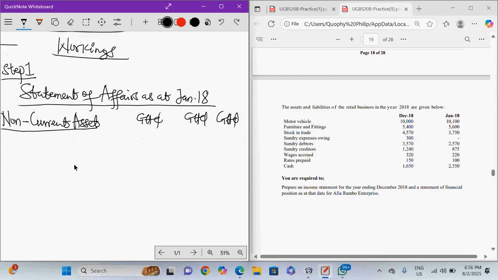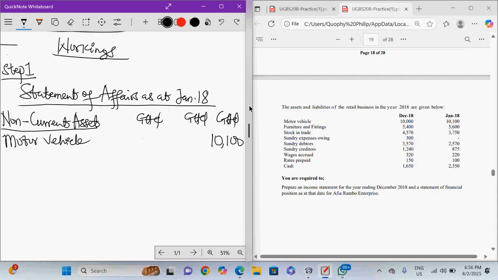So what are they? Motor vehicle, right? Motor vehicle is 10,100. What else?